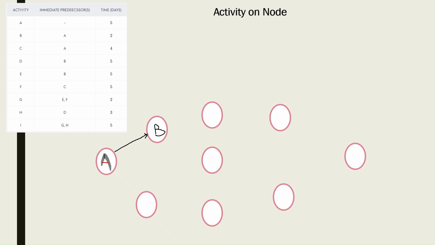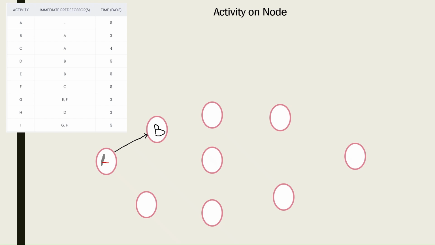See, the arrow is very important if you want to show the connection. Now here in this case, B depends on A. So by assigning the activity on the node B, you are going to show that B depends on A and the arrow is going to move from A to B. So this is called the activity on node diagram.